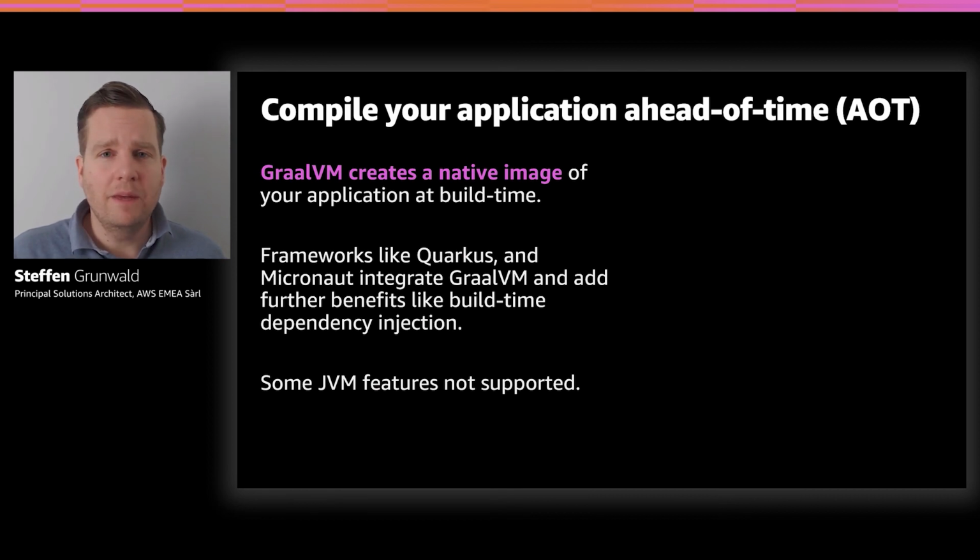This has some impact on how I need to write my code, for example, to use reflection or to use native code. It might also be that some applications are not a good fit for GraalVM, so are not a candidate for being compiled by GraalVM.